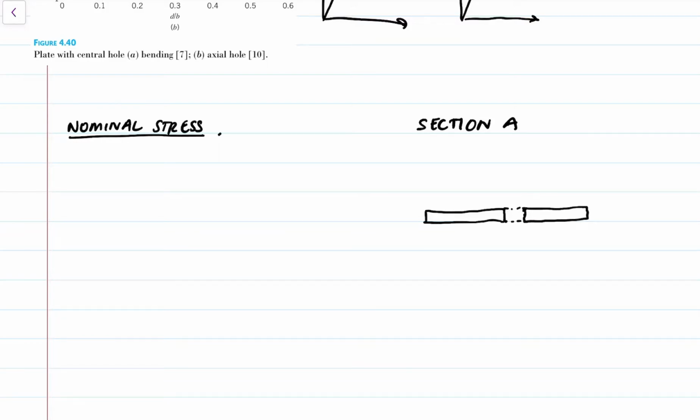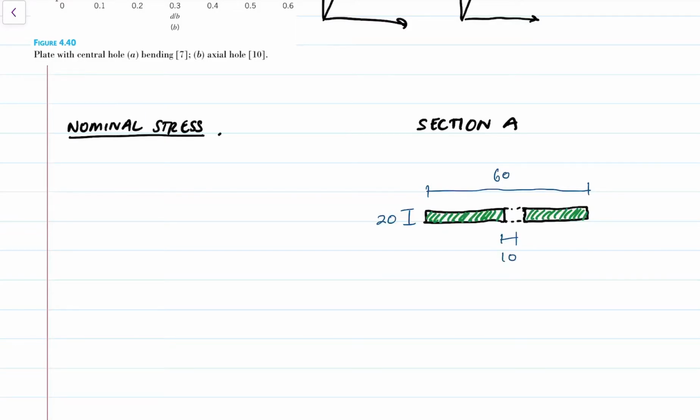And we're interested in evaluating this area here, because this is the area on the bar that's going to accumulate stress. And let's put some important dimensions on there. We need to know the thickness, so that's 20 millimeters. We need to know the length, which is 60 millimeters, and the diameter of the hole, which is 10 millimeters.